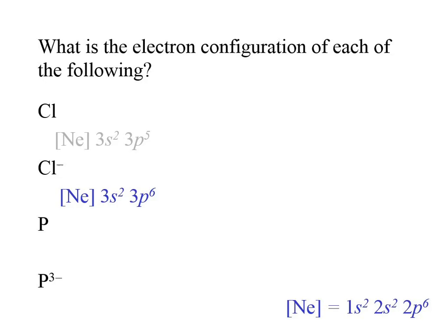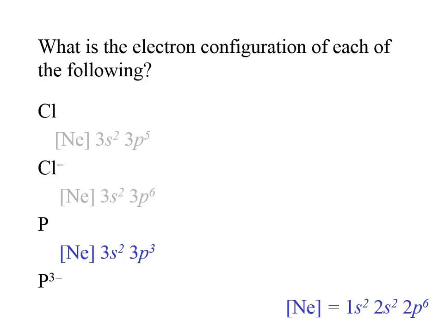So let's pick on phosphorus, which I was double checking. Yes, phosphorus is in the same period as chlorine, so it's going to be based on the same noble gas, neon. How many electrons does phosphorus have? It's like 15 electrons. When we do bracket neon, that's 10 electrons, so we need 5 more electrons, and there'll be 3s2, 3p3.